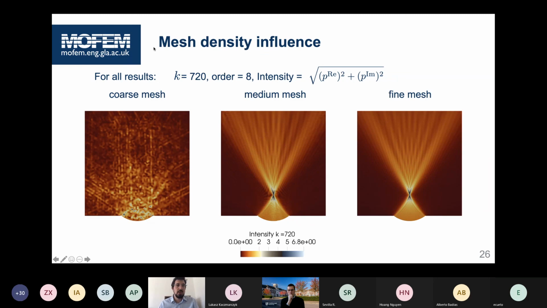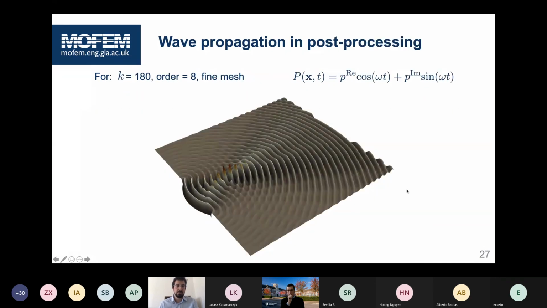Therefore, we choose to improve this solution by making the mesh denser. From left to right, we have denser and denser meshes, and we can see already by using the medium mesh how the results are improved. For the very fine one, we get excellent results here.